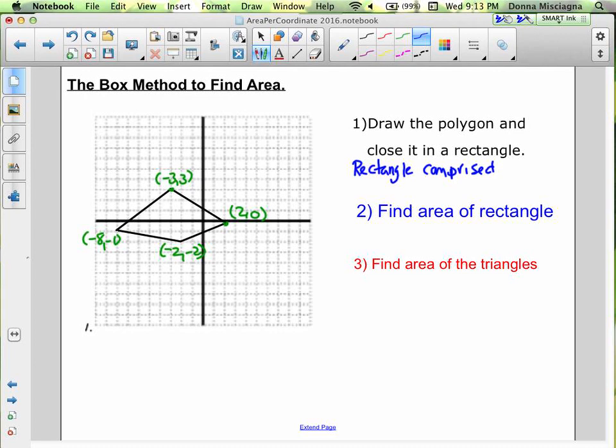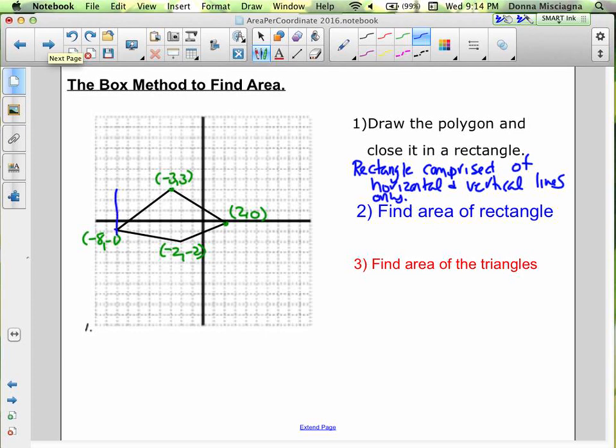So you just start at any polygon vertex. I'm going to start here. This is my farthest one out. That's going to represent the edge of the box.